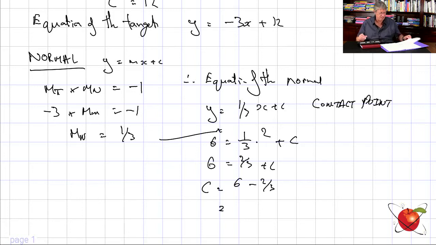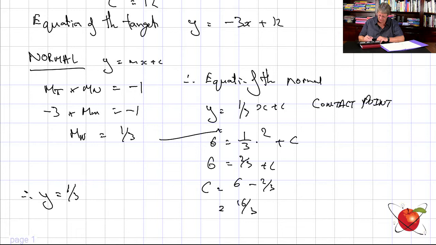And the final answer comes out to be 16/3. Therefore, the equation is y is equal to 1/3 x plus 16/3. 5 and a bit, right? So that brings us to that.